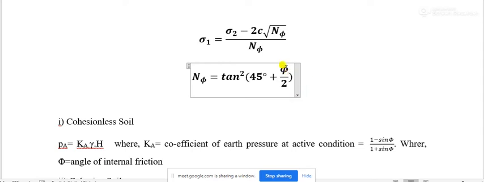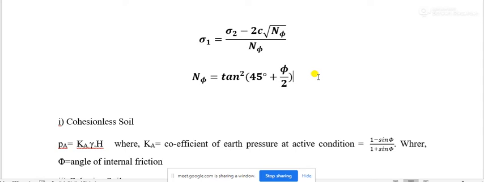And this phi is the other shear parameter of soil. This C and this phi are the two most important parameters for shear strength of soil, and this is the equation for N phi.